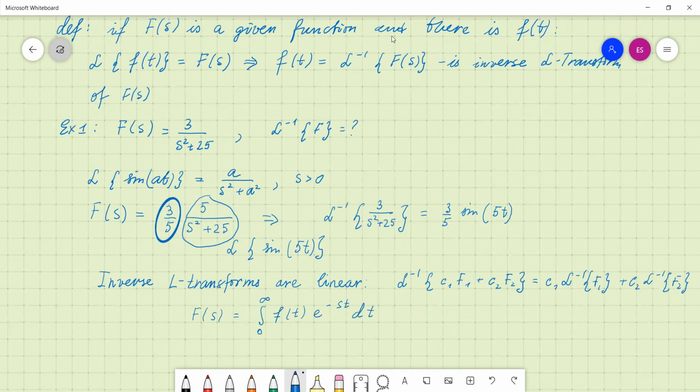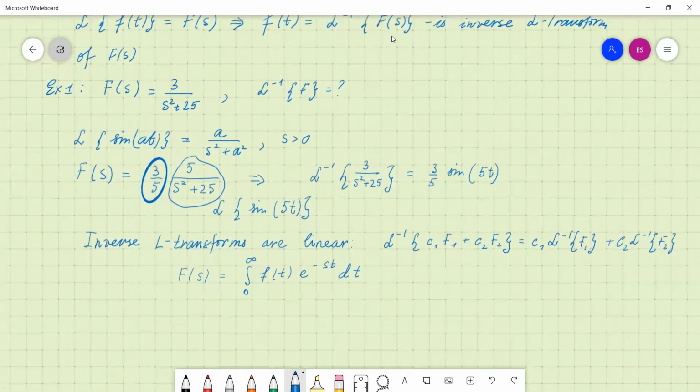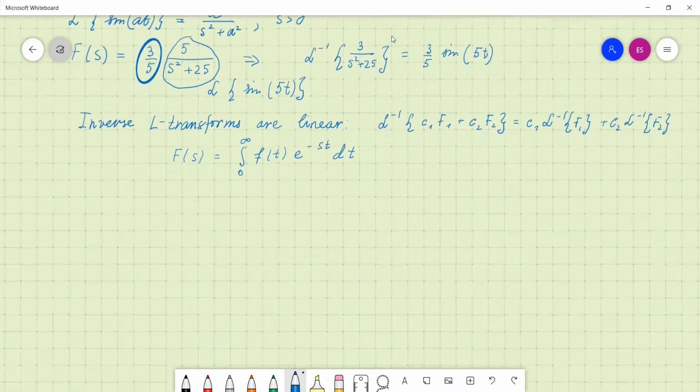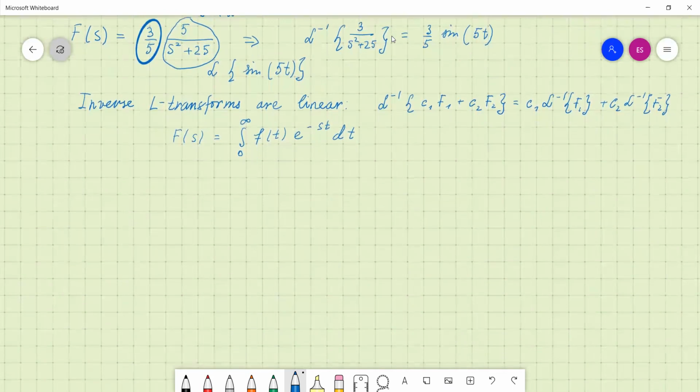Okay, I'm going to move to my next example, and consider a slightly more complicated function F and find its inverse Laplace transform. I'm going to use a different color. Example 2.